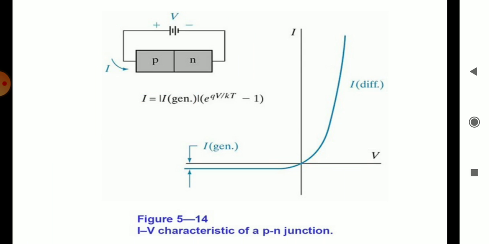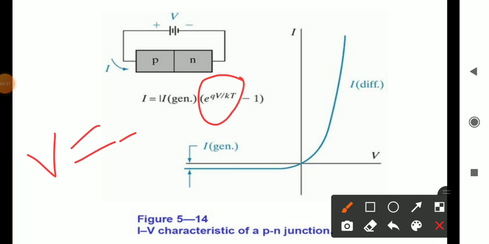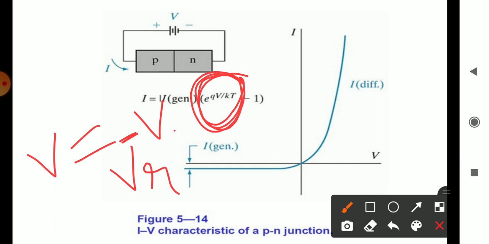Here if we substitute in this particular equation V by minus V, that is nothing but VR, the reverse voltage, the exponential term becomes negative. So e power a negative exponent is negligible, and for that reason we neglect this part.